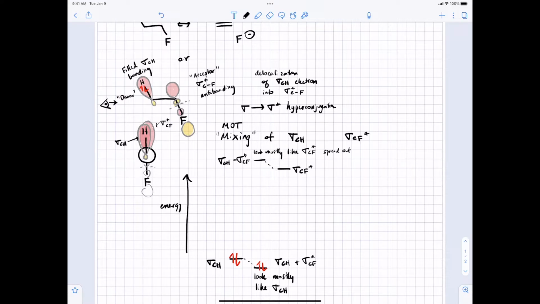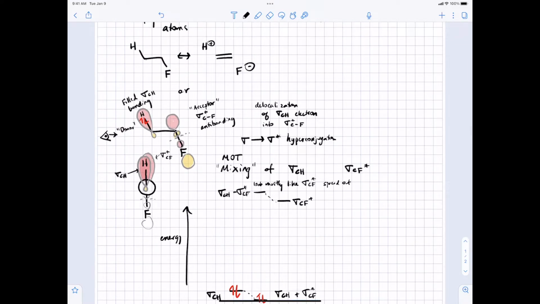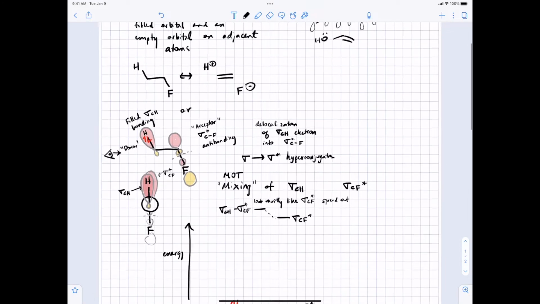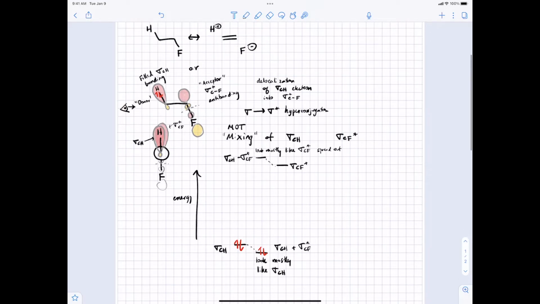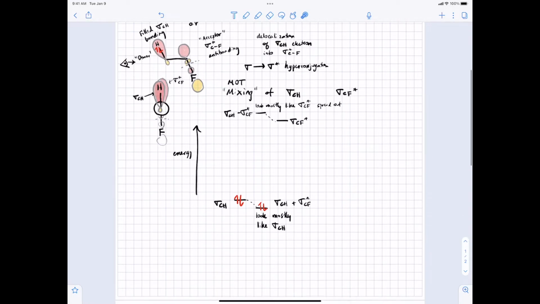All right, so in any donor-acceptor interaction, even with Lewis bases and Lewis acids, we like to know what are the good nucleophiles, what are the good electrophiles, what are the bad nucleophiles, what are the bad electrophiles. Similarly, in the hyperconjugation picture, we can rank which kinds of sigma bonds or which kinds of filled orbitals are particularly good at donating electrons, and we can also rank which kinds of empty orbitals are particularly good at accepting electrons.